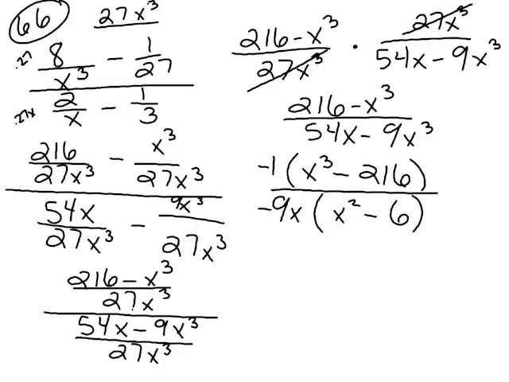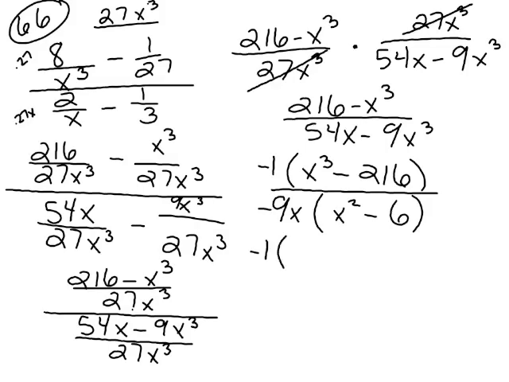Okay, looking at the top, I know that those are perfect cubes. So what's the cubic root of 216? Anybody know? Very good, it's 6. So on the top, I'm going to have -1.